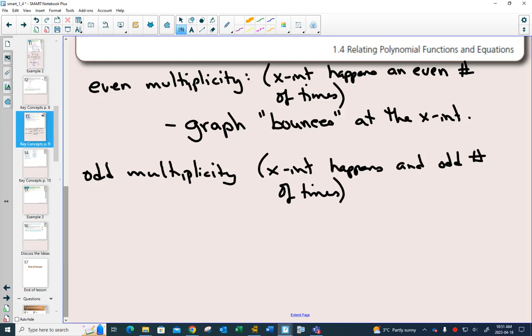If the exponent of the factor is even, then that x-intercept is going to happen an even amount of times. If the exponent of a factor is odd, it's going to happen an odd number of times. And there's two situations here.